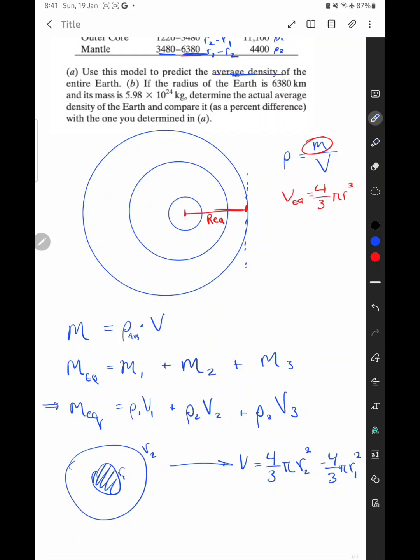And we can factor out the 4/3 pi, and we get V shell is equal to 4/3 pi and then r2 squared minus r1 squared. Alright?